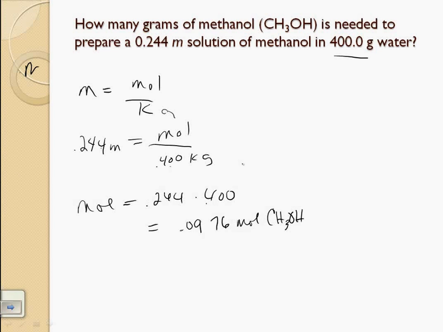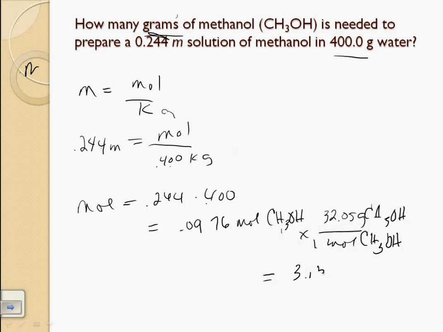But it's asking for grams, so I've got to convert this to grams. What I know is 1 mole of methanol is, let me see, 32.05 grams. So this is going to give me 3.13 grams of methanol.